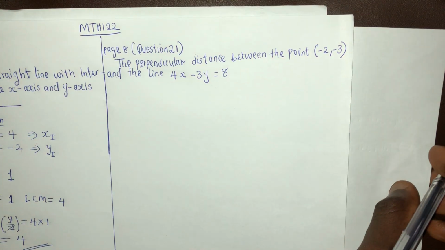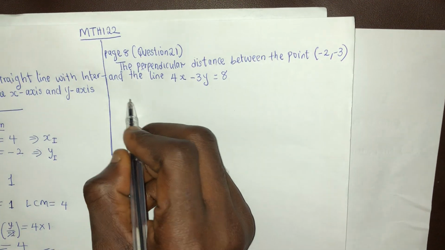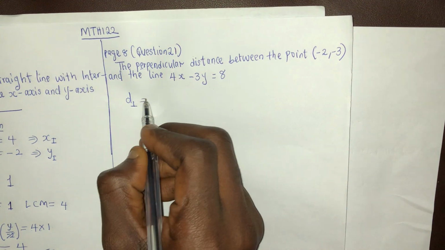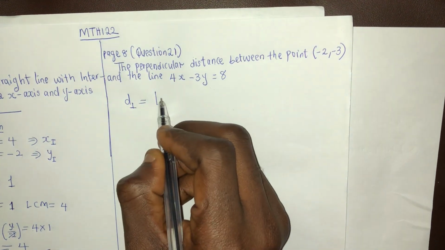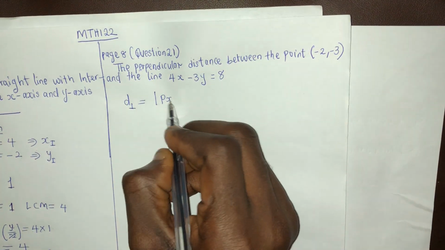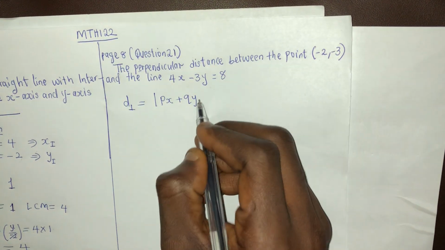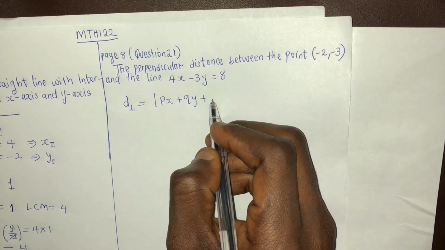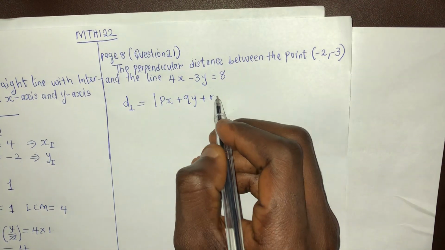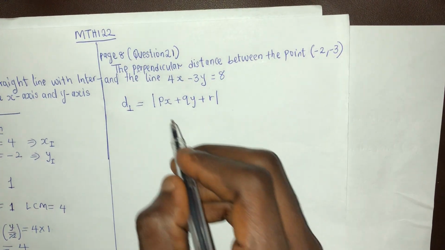Now for the perpendicular distance, the formula is like this: the absolute value of px plus qy plus c, over the square root of p squared plus q squared. You can use c, you can use r, whichever one; the symbols or variables you use do not matter.